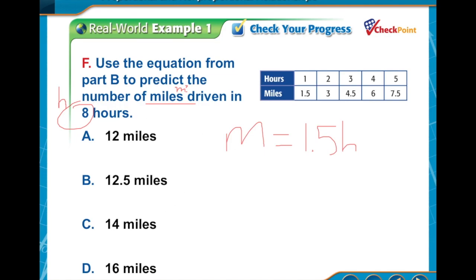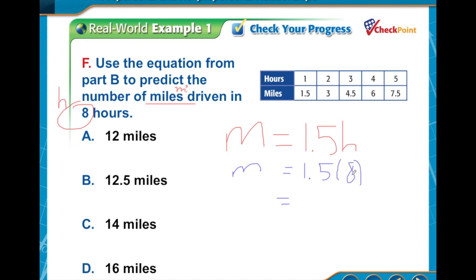So where does that take us? Well, with just one plug-in, we can get there. H we know is 8. So the number of miles will equal 1.5 times 8. Now the question is, what is 1 and 1/2 of 8? Well, if you have 1 times 8, that would be 8.